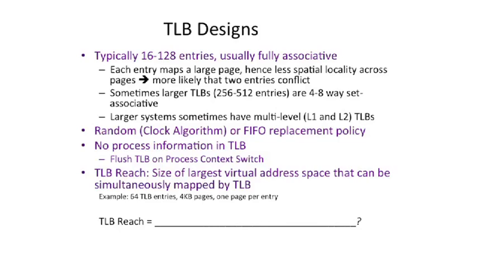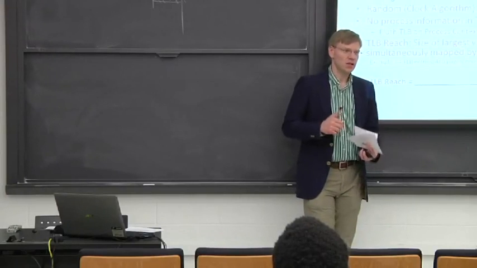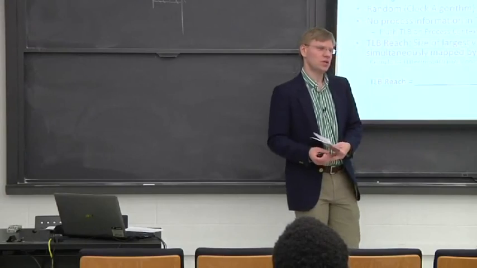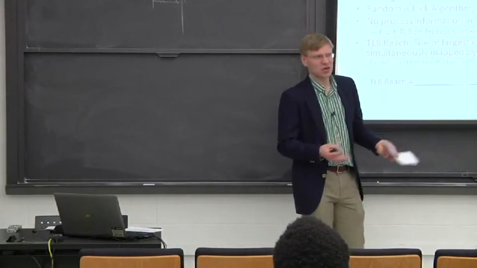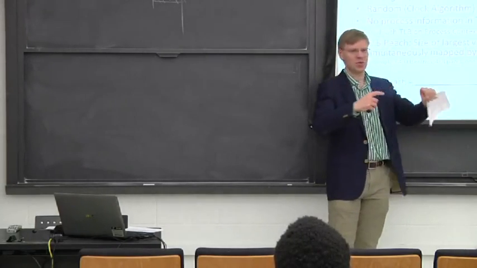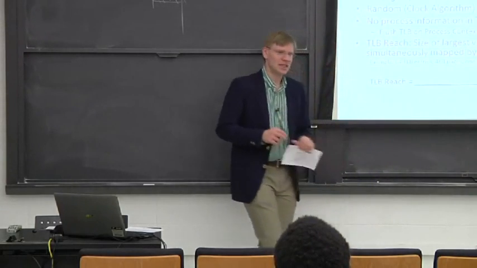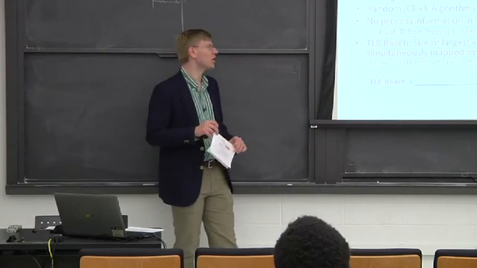There's not necessarily any spatial locality going on here. You probably have temporal locality, so that might say LRU is good, but just because you access one page, there's no real probability you're going to access the page after it or the page before it. So lots of the techniques from caches, like prefetching, don't really work here.